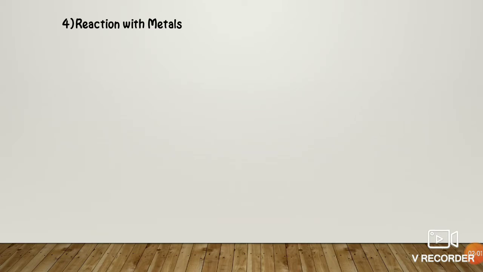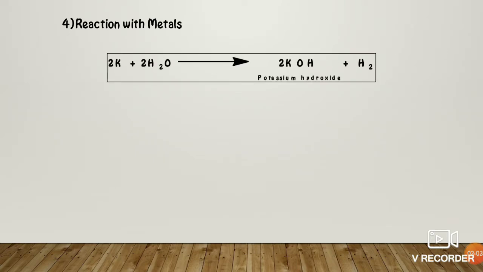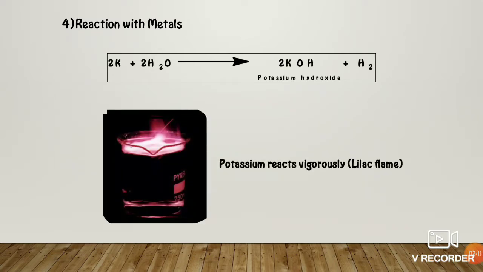Like potassium reacts vigorously with water and instantly catches fire and burns with a lilac flame. So the reaction between potassium and water is explosive and vigorous in nature. In this reaction, potassium in elemental form will displace H+ ion from water to form potassium hydroxide.